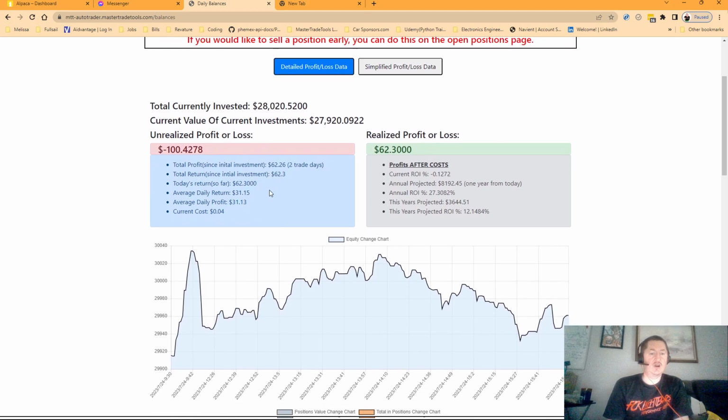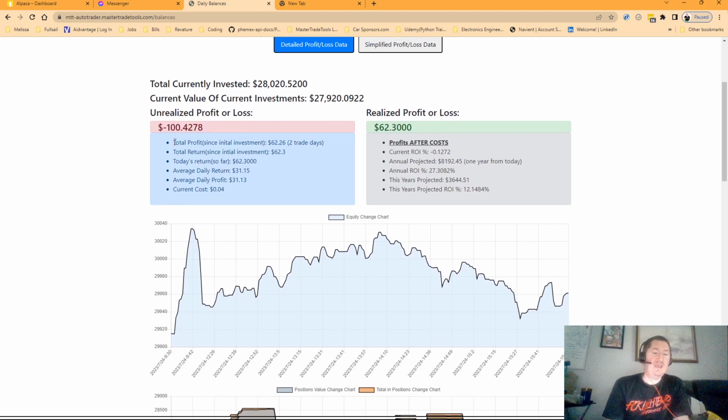It shows our unrealized profit and loss, which is the negative $100. And then it shows us our realized profit and loss. Then it shows our total profit since initial investment. This is a running total. So if you were to do more investments or deposit more money into the account, it would have a running total of this profit.